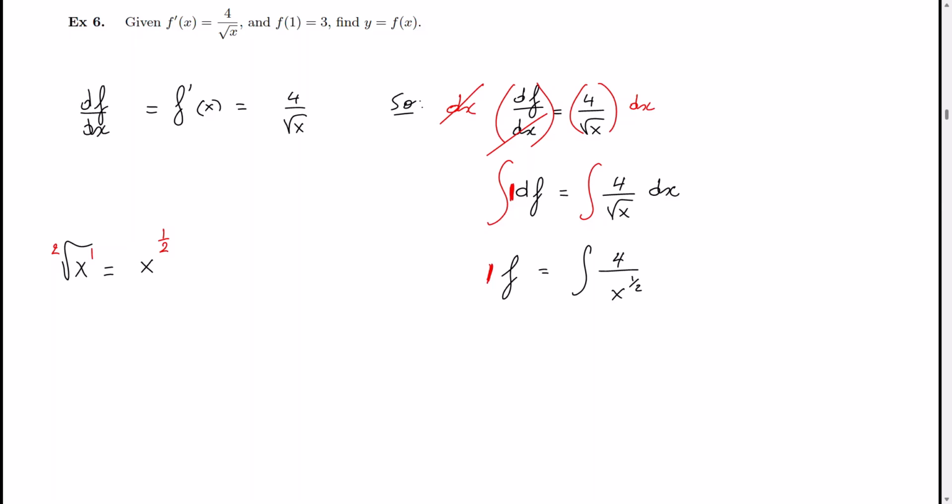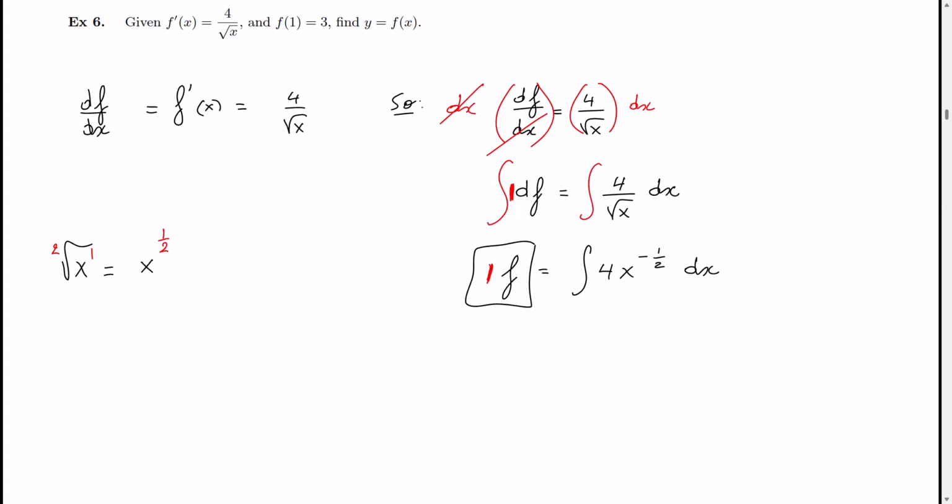But really, it should be in the numerator. So instead of writing x to the 1/2, I'm going to actually write down 4x to the power of negative 1/2. So where did the negative come from suddenly? It's to remind me that this x used to be in the denominator, but I'm writing it in the numerator instead. And then the dx at the end.